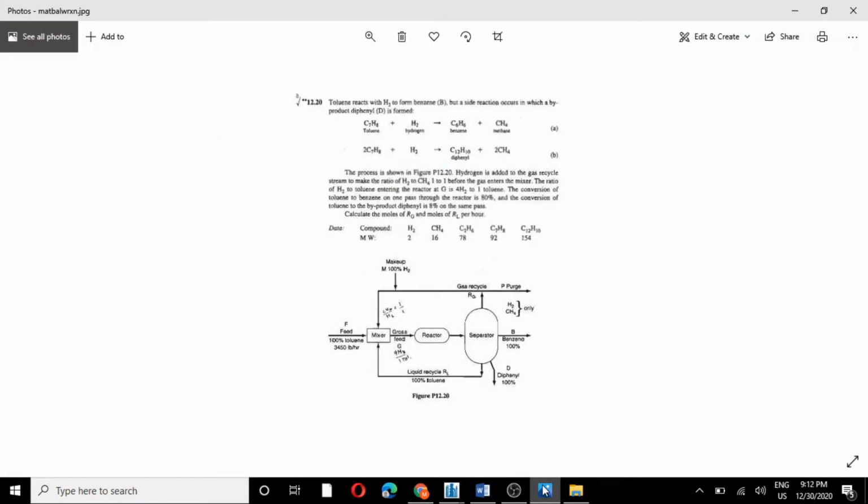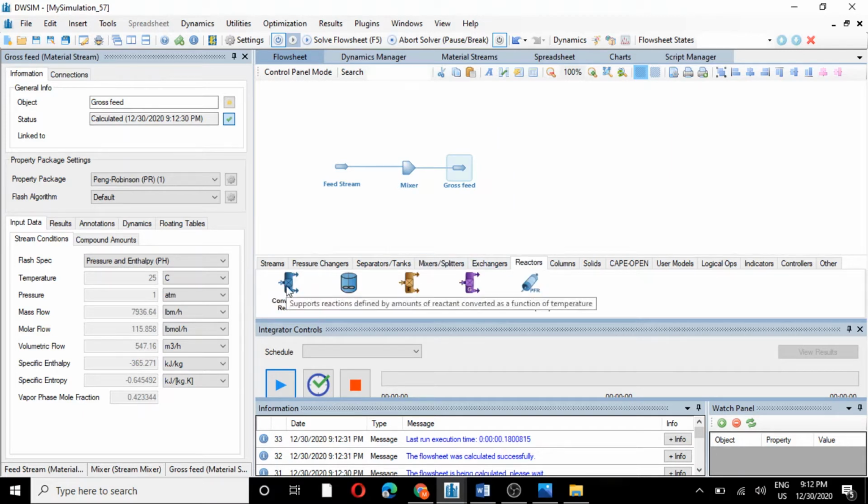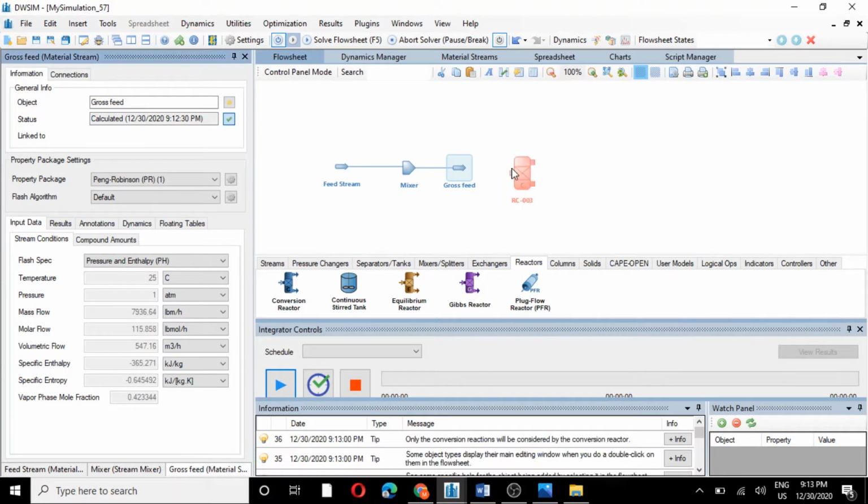And this gross feed enters a reactor. So we have a reactor. For this problem, we're going to use a conversion reactor.